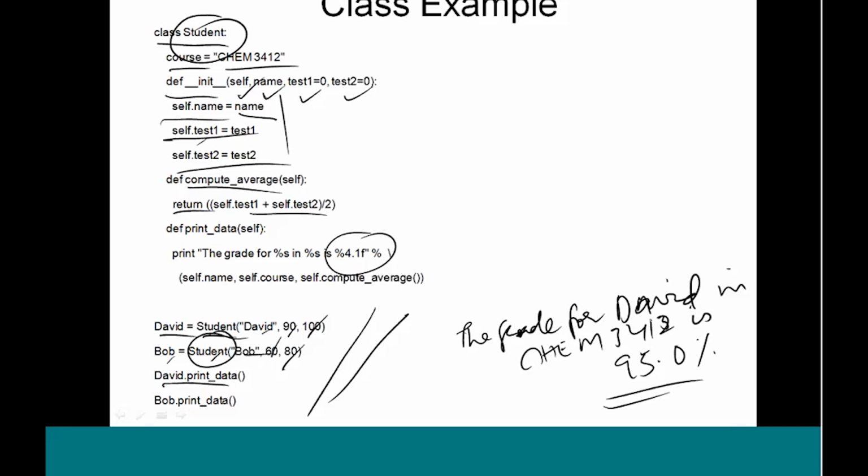So it takes this, computes the average, and reports it. And the same thing for Bob: in Chem 3412 is 70.0. So David.print_data and Bob.print_data both of them generate these kinds of results.